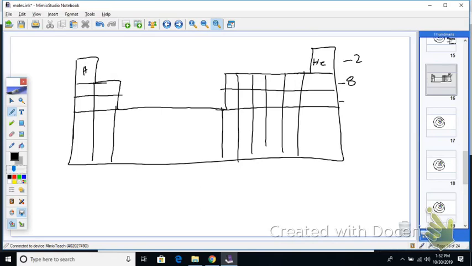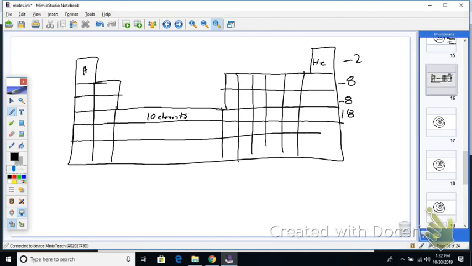How many would that be? 8 also. We go across the fourth row, and we'll just write how many is in here. There's 10 elements across that section. We got 18. We go across the fifth row, we have 18. Okay, and that's as far as we'll go.